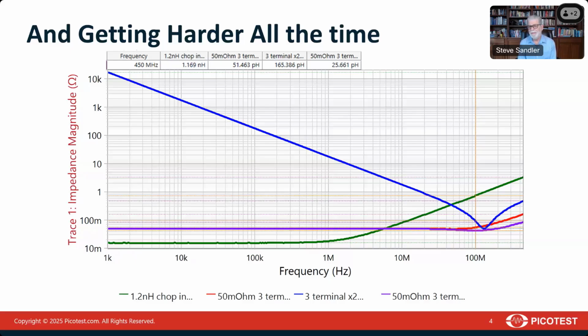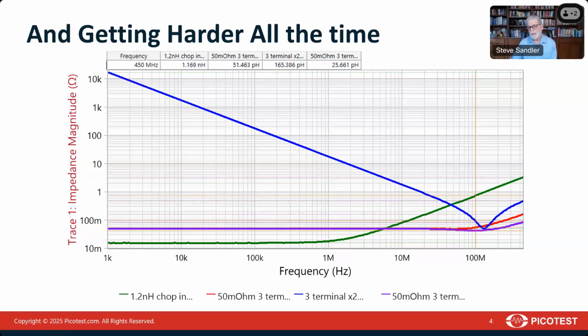We measured a 50 milliohm resistor. That's a current sense resistor, actually a resistor that Picotest will be making shortly, and it's down in the range of about 50 picohenries. We have other 50 milliohm resistors that are even lower than that, at 25 picohenries, for high bandwidth measurement. And in the blue trace we can also see a 3-terminal capacitor, measuring about 165 picohenries.